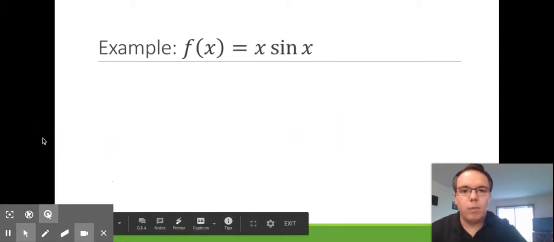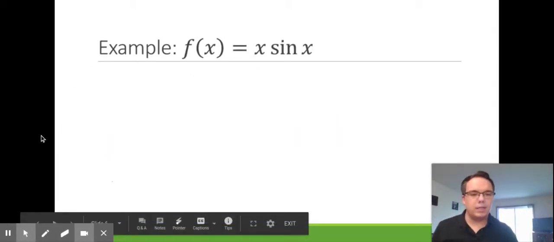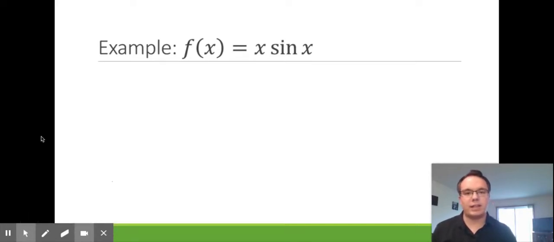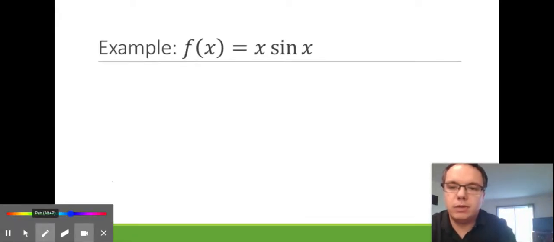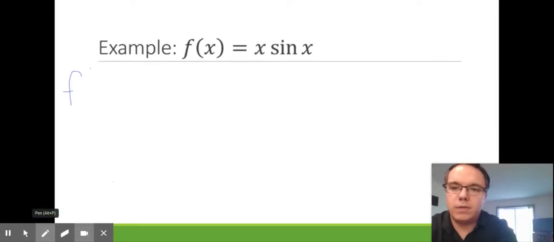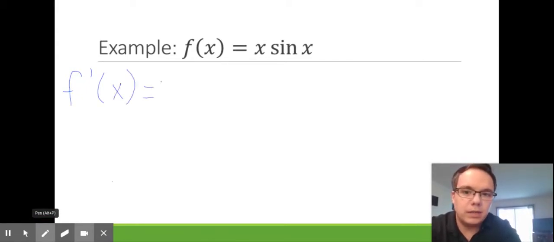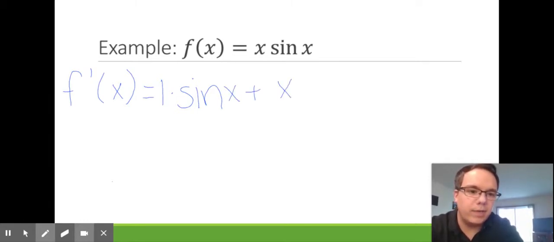All right, I have one more example for you, and this is using the product rule with trig. We have f of x equals x sine of x. So remember to use the product rule. To find the derivative, we take the derivative of the first. So the derivative of x is 1 times the second, so times sine x, plus the first function, x, times the derivative of the second.